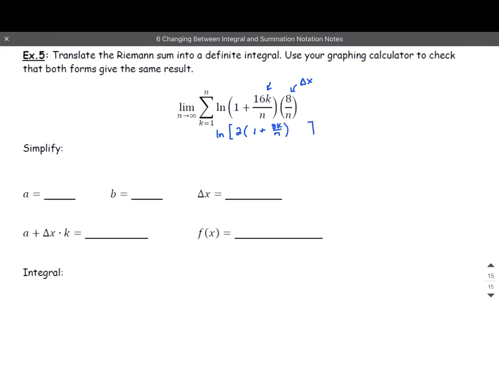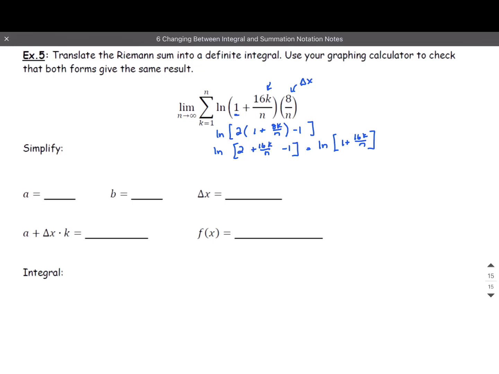But the problem is, if I distribute that 2 through, I'll have 2 plus 16k over n, which means I added an extra 1, so I also have to subtract 1 off it. So if I do this, now I should have the same thing, right? Because 2 minus 1 is 1 plus 16k over n. Now I have the same function.